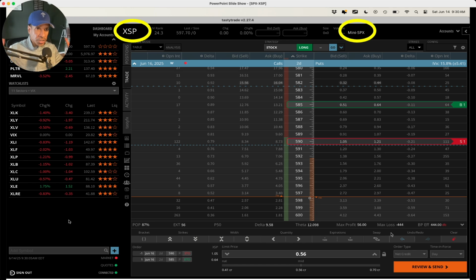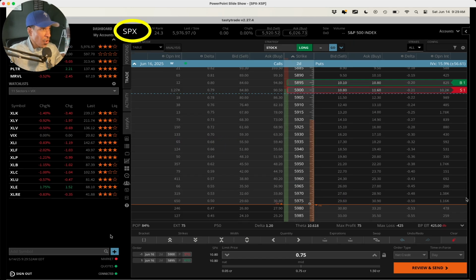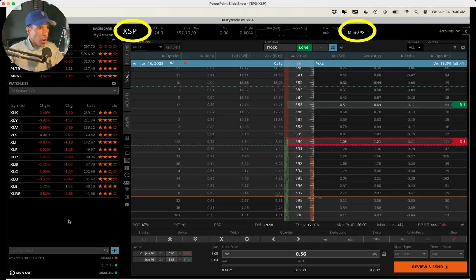So a larger travel distance, versus the SPX, with a delta of 20, meaning there's an 80% chance that you'll be able to walk away without having a complete loss on your trade.